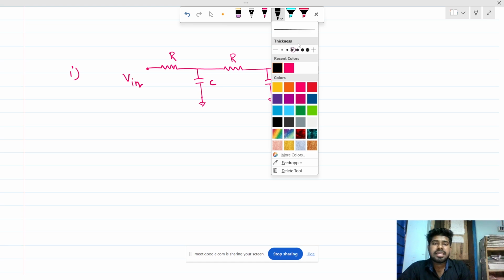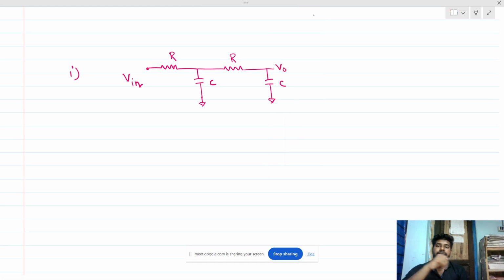We can see that there are two capacitances and two resistances present there, so we can independently set the voltage across these two capacitors, so the circuit must be second order.